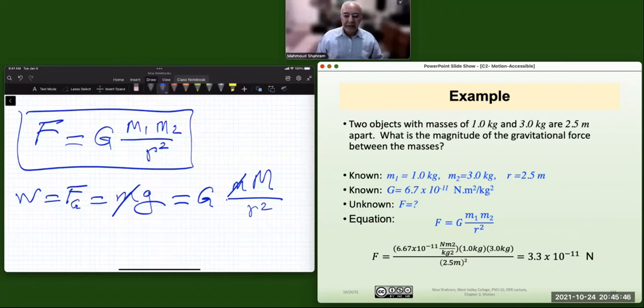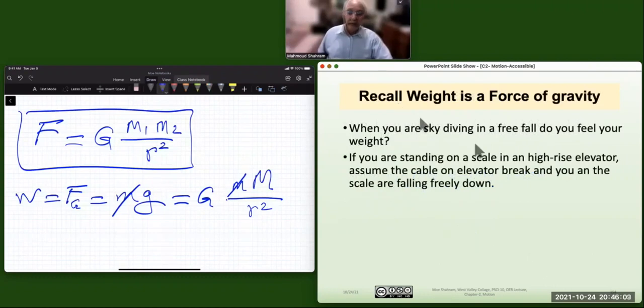That force exists. There is force between everybody, between you and your friend. There's an attraction force. Remember, we talked about weight and force being the same thing, force of gravity. Let's try to see what happens when you feel no weight. Suppose you're in an elevator and the elevator is going up.